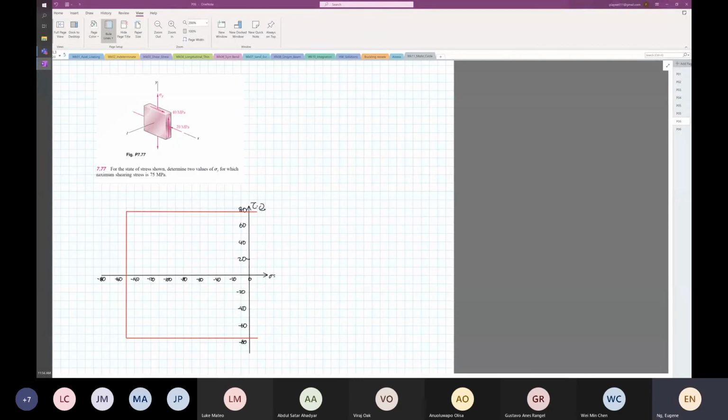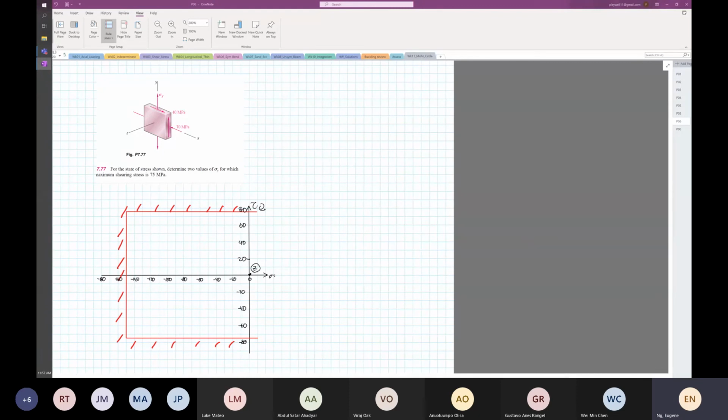So our circle has to be inside there. So a point that we are very sure of is over here. Our anchor point is our stress Z. Okay, so our point is fixed. Our Z point is fixed.